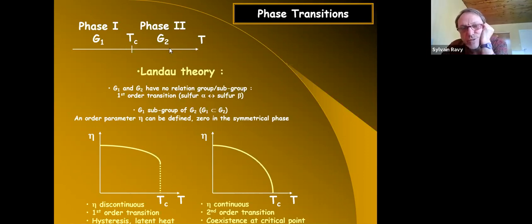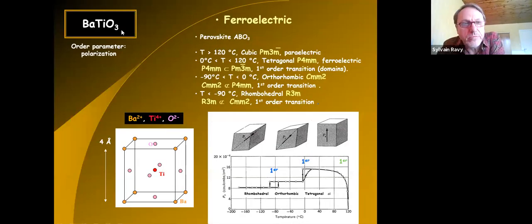And if you have a group-subgroup relation, you can define another parameter which characterizes the low temperature phase, which can be continuous, and then you have a second order transition, or discontinuous, and then you have a first order transition. And the classical example is barium titanate, which is a ferroelectric compound.